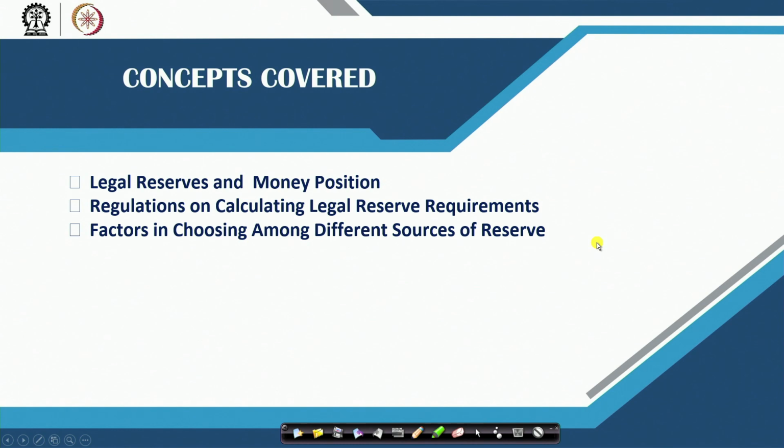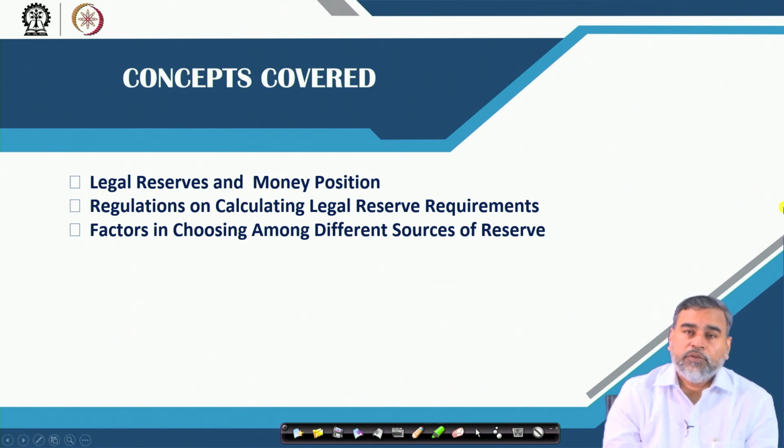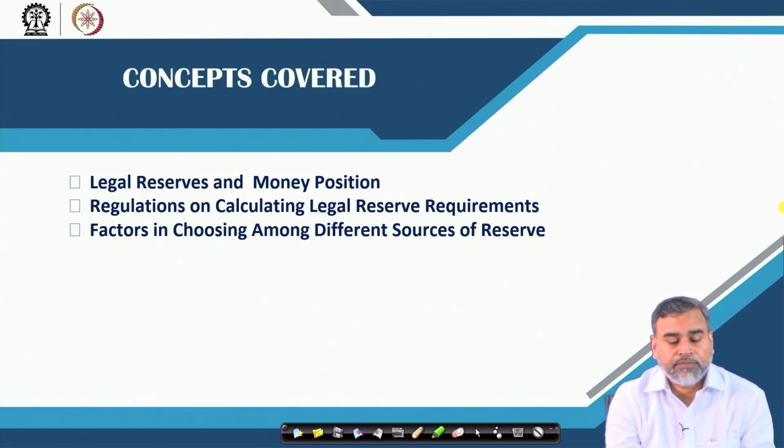In the previous session, we discussed the different approaches used to measure the liquidity needs of commercial banks. In today's session, we will be discussing other issues linked to this liquidity. One is how to calculate the legal reserve requirements, that is, how much legal reserve the bank should hold, and how the money position of the bank is managed.